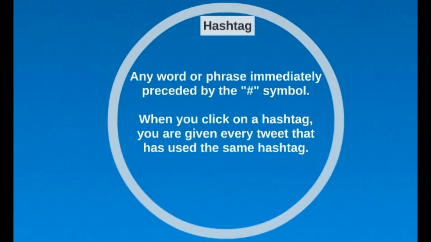Any word or phrase immediately preceded by the # or hashtag symbol creates a hashtag. When you click on a hashtag, you are given every tweet that has ever used that same hashtag. We'll talk more about hashtags, how they work, and how to use them to increase your reach and promote an event later on in this Twitter series.